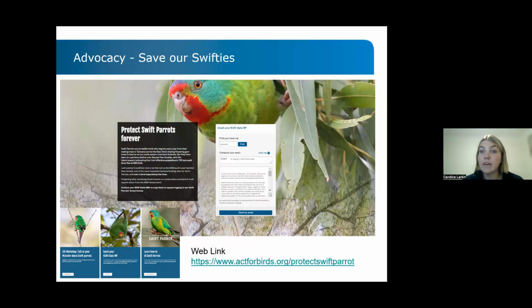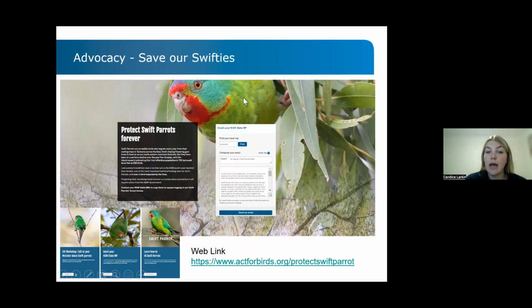We also have advocacy programs set up for some of our key species. So one of our advocacy programs is to save our Swifties, and what that is, if you go to one of these web links, we've got workshops on how to identify these species, and brochures you can print out that will give you an ID guide.